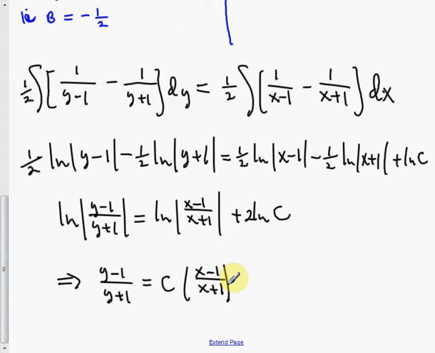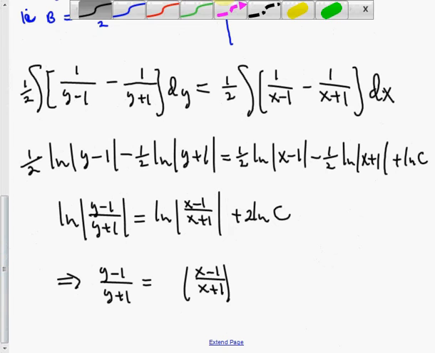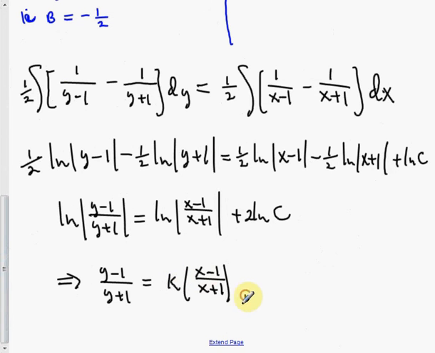I guess I better call that constant something else. Let's call it k. k is equal to e to the natural log of c squared. Exponentiated everything.